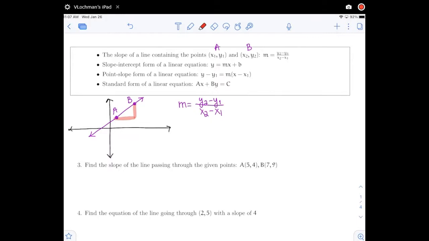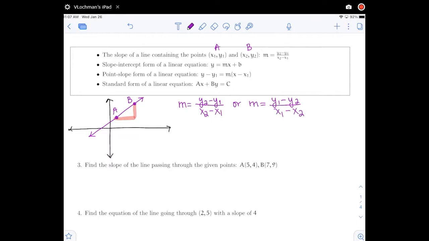Now you might be asking, does it matter which order I do the coordinates? And the answer is no. You could have also written it as y1 minus y2 over x1 minus x2, as long as we're consistent in keeping those indices in order, right?